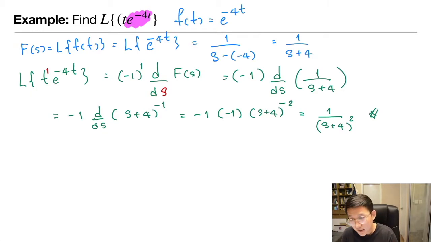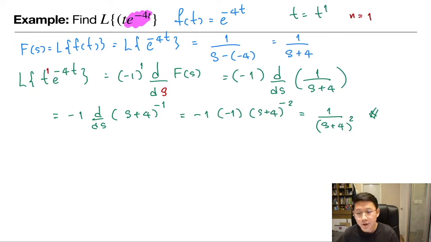Then you apply the technique: you get minus 1 to the n, and right now our n is 1, since t is t to the 1. So we have minus 1 to the 1, and you find the first derivative, and that is the answer.